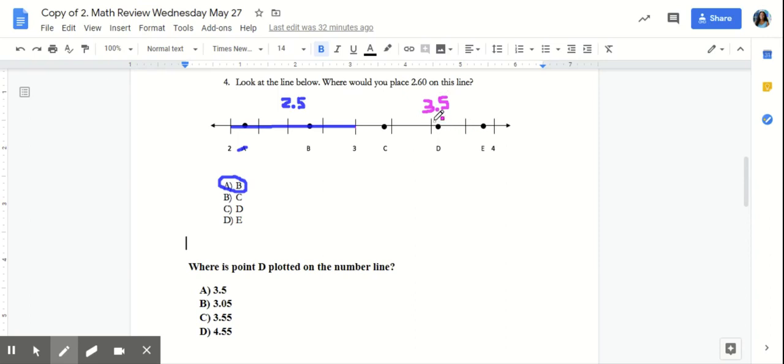D isn't quite on our halfway mark, so we can eliminate answer choice A. We can also eliminate answer choice B because 3 5/100 is smaller than 3 5/10.